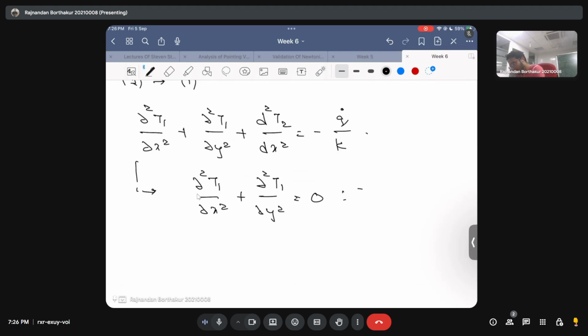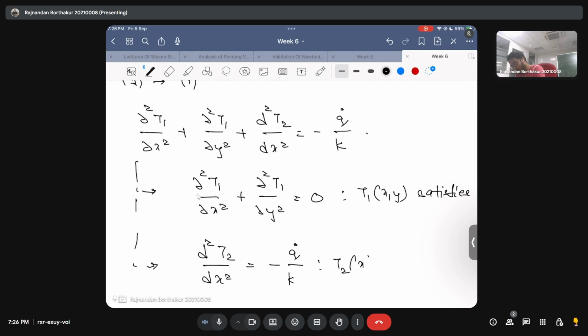This is what the equation T1 of x,y satisfies. And also I can say that d squared T2 by dx squared equals minus q dot by k, and this is what my T2, which is just a function of x, satisfies.